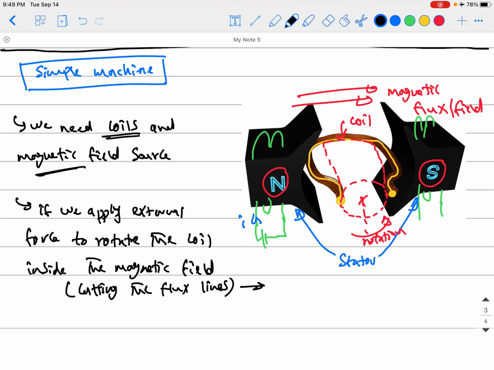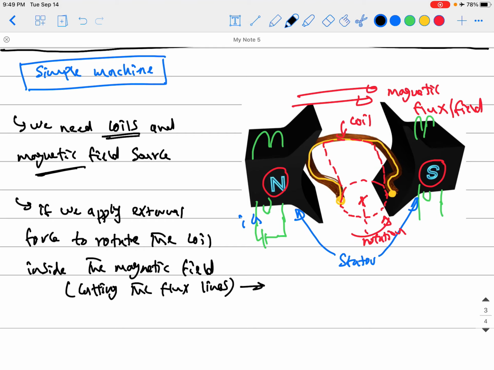Now we are doing the same thing. The north and south poles give you magnetic flux lines, and if you place a coil inside them and start rotating it, you have movement inside the magnetic field, and an electric voltage will be induced at the terminals of this coil.